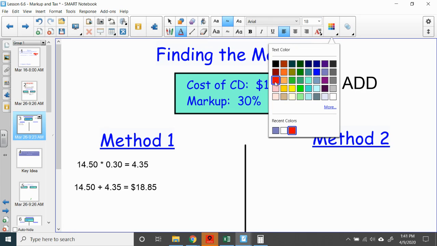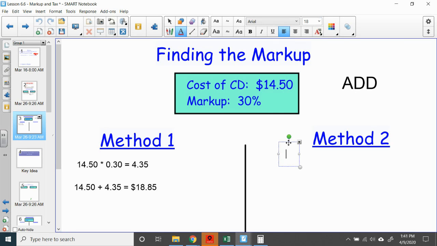So think about if you're paying for 100% of the CD, plus you're also paying that markup of 30%, you actually are paying for a total of 130% of the price of the CD. So what that means is for the second method, we can go ahead and we can use 130% because you're paying for the full CD plus the additional markup.